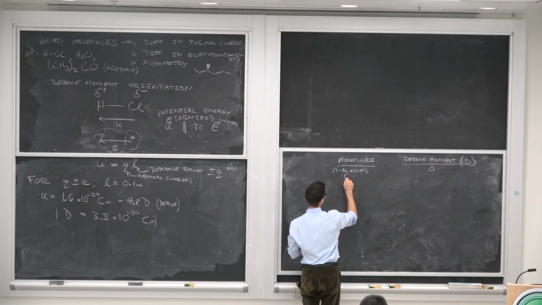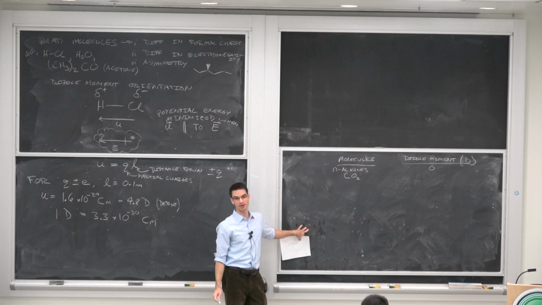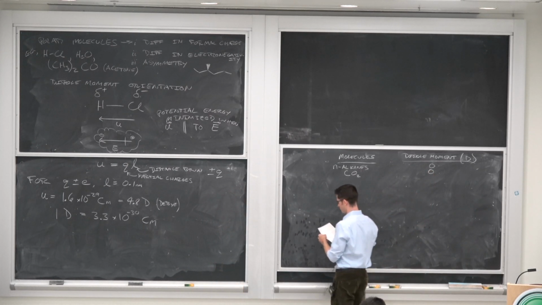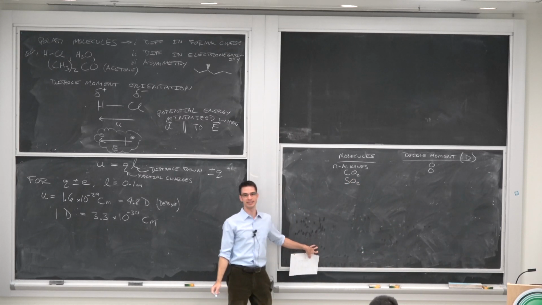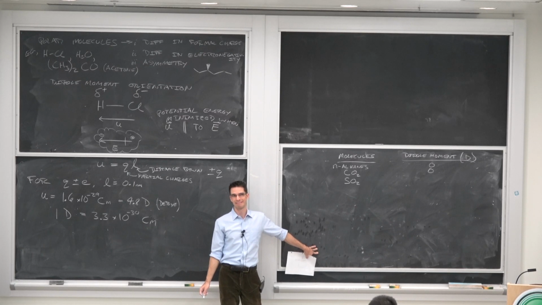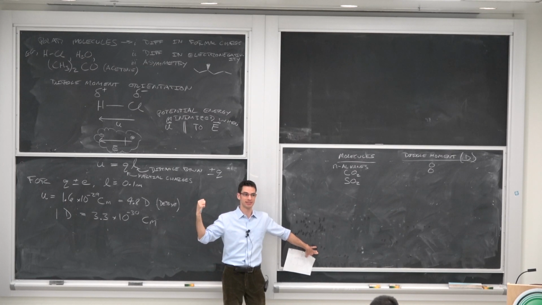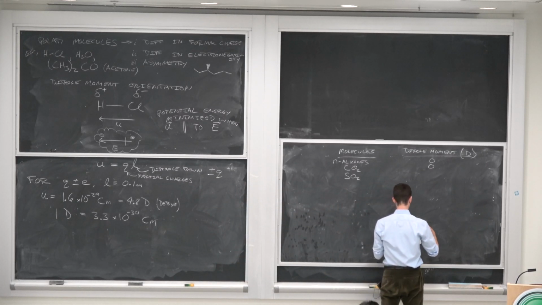How about something that has differences in electronegativity but also has symmetry, like carbon dioxide? It also has a dipole moment of 0. How about SO2, 0 or not 0? It's a little trick. It's bent, because if you do the Lewis dot structure, it has lone pairs, which force the oxygen atoms down. So it actually does have a dipole moment.